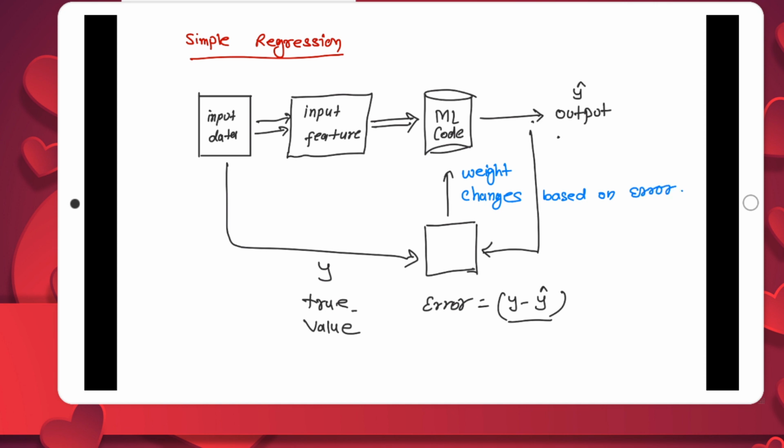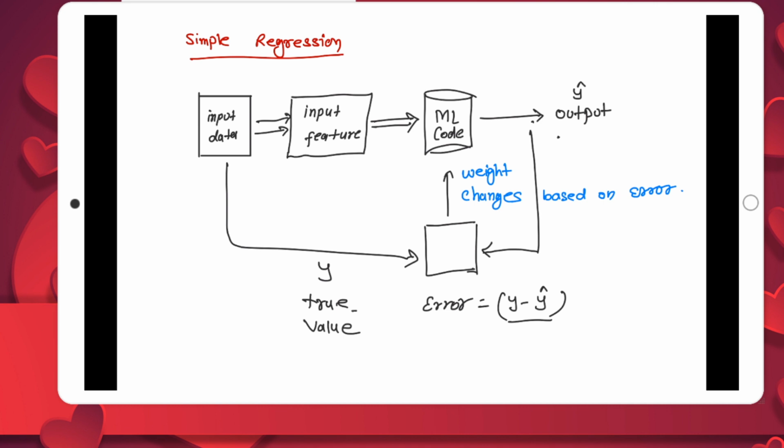A larger error means there will be a larger weight change, and a smaller error means there will be a smaller weight change. Alright, so this is how it works.